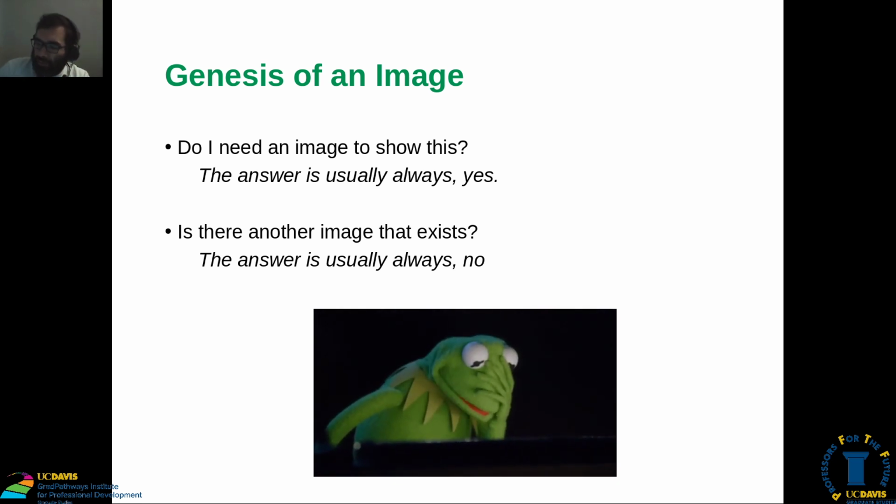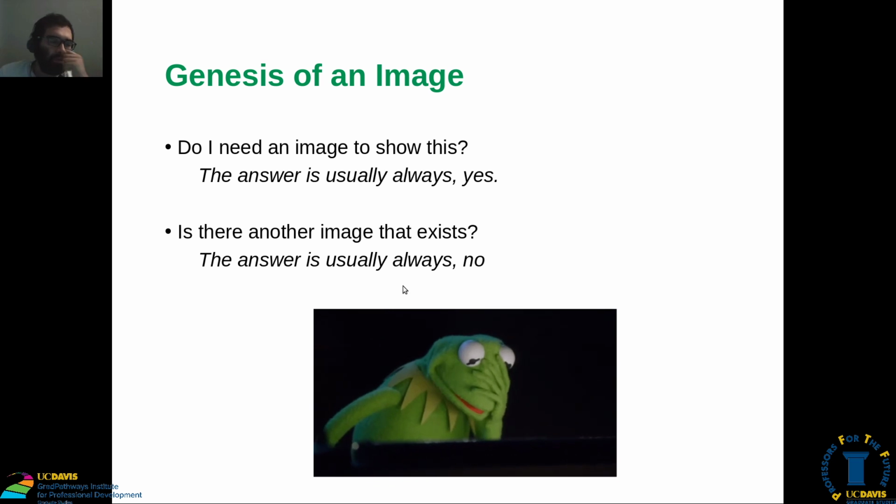So then I have to kind of reframe these two questions into a different format, and I have to think instead of, do I need an image to show this, I really should think, is it important for me? That keyword, is it important for me to have that image? And then if there's another image that exists already, can I reuse an image that exists?